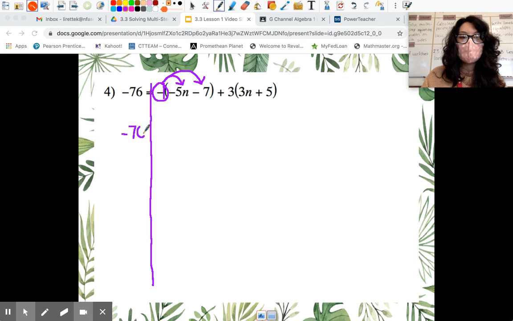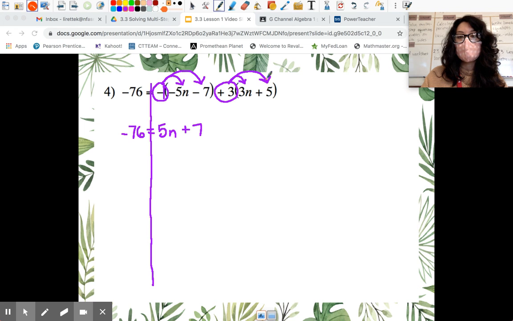Multiplying with a negative 1 is actually quite easy. You don't even need a calculator. All this is going to do is change the sign of the things inside. So instead of a negative 5n, it's going to be a positive 5n. Instead of a minus 7, it's going to be a plus 7. That's all negative 1 does when you multiply. The second group, I'm distributing a positive 3.